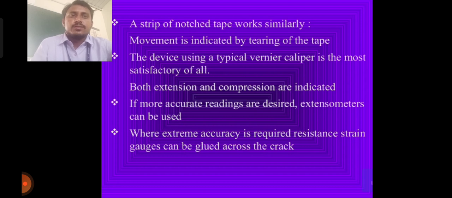You need to identify how much the crack has extended. Using a typical vernier caliper is the most satisfactory of all devices. When you compare it to the tape, vernier calipers give more accurate results for checking the extension of the crack. Both extension and compression are indicated by vernier calipers.